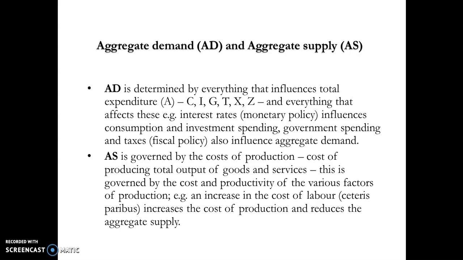And we also need to consider the productivity of these various factors of production. So for the cost of production, that would be your raw materials, your factors of production, the productivity thereof, any intermediate inputs. And if there are changes in the prices or the cost thereof, it would affect your aggregate supply curve.